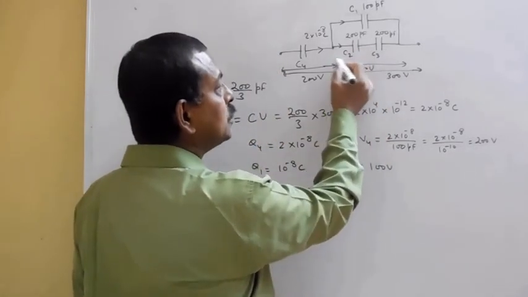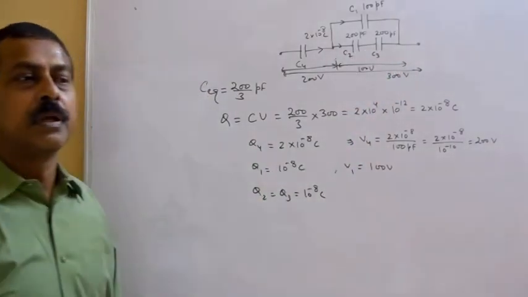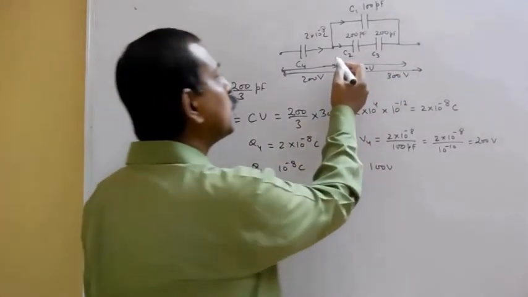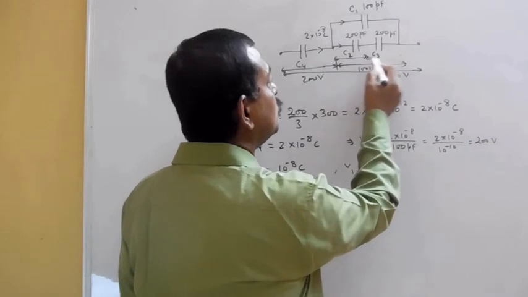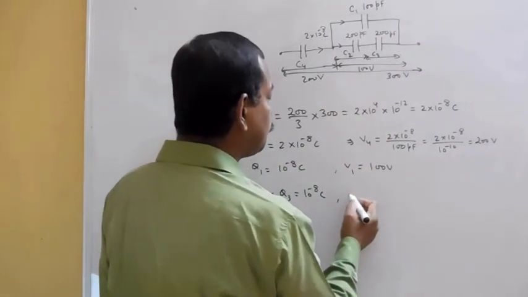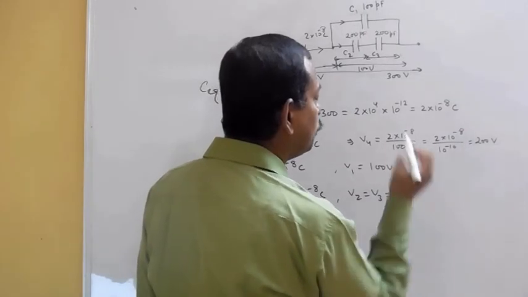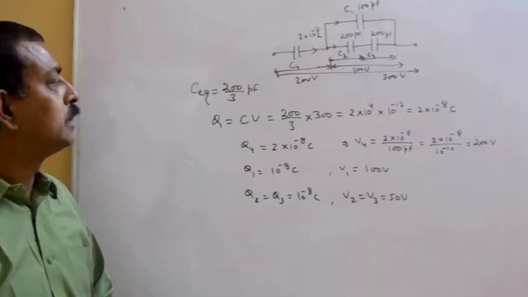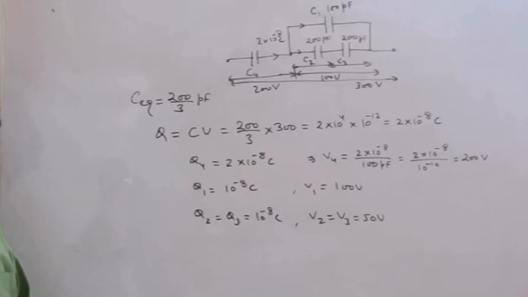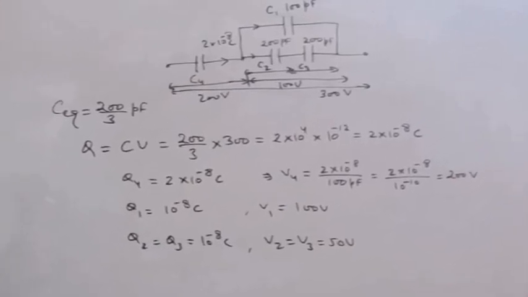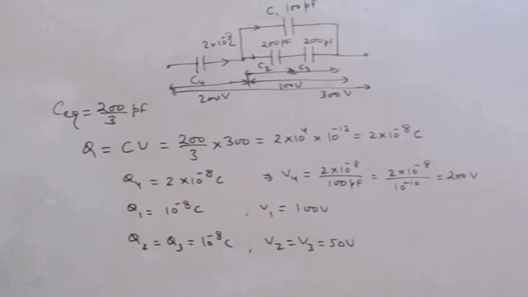That 100 volt is now in this part, equal across these two. So V2 and V3 are both equal to 50 volt. So this is the charge across each capacitor, and also the potential difference across each capacitor.